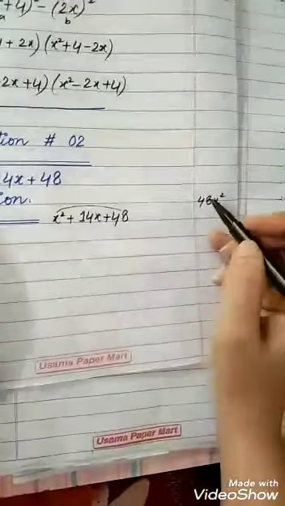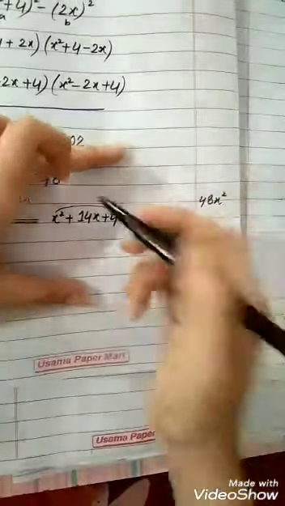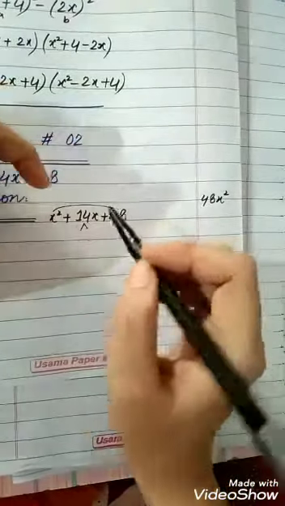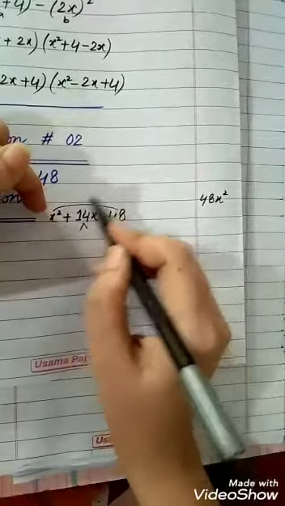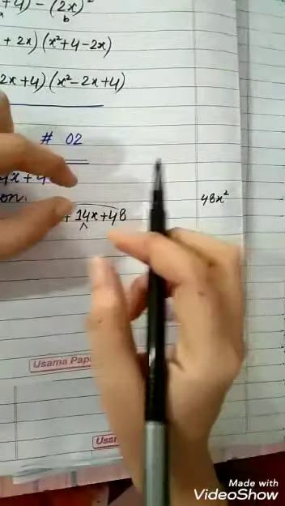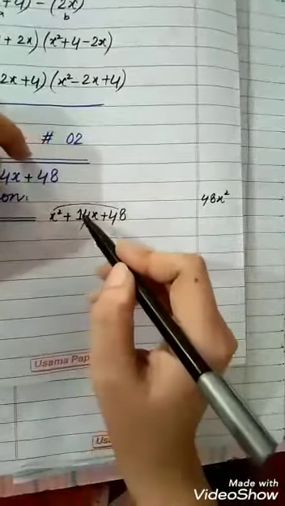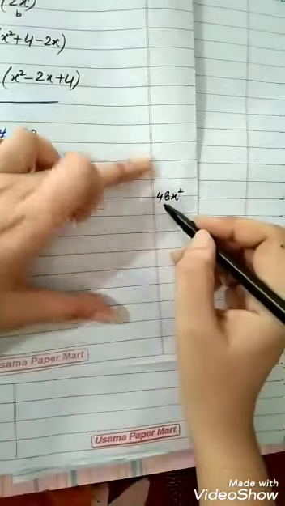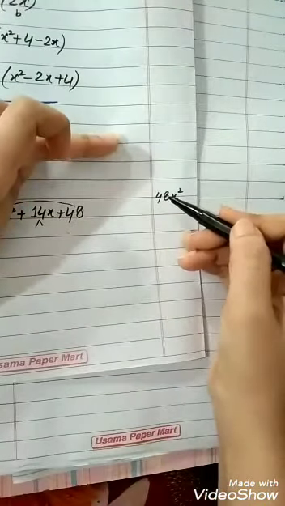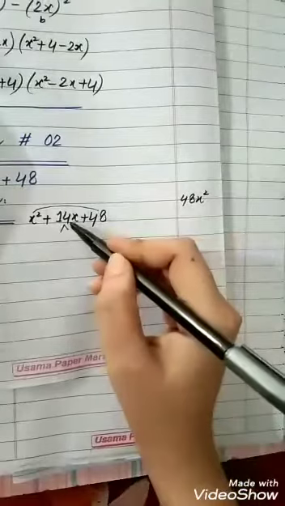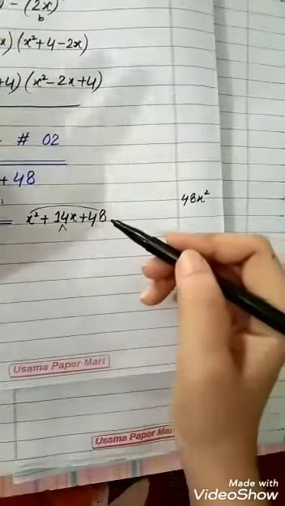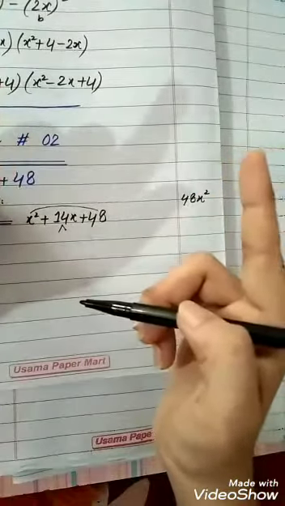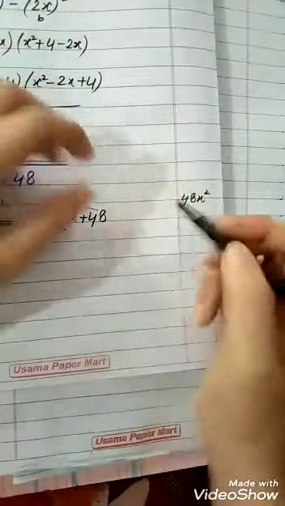We have to make two pairs, such that if we multiply them we get 48x square, and if we add or subtract them we get 14x. Means to make 48 by multiplication and 14 by addition or subtraction, we have to choose a pair of numbers.